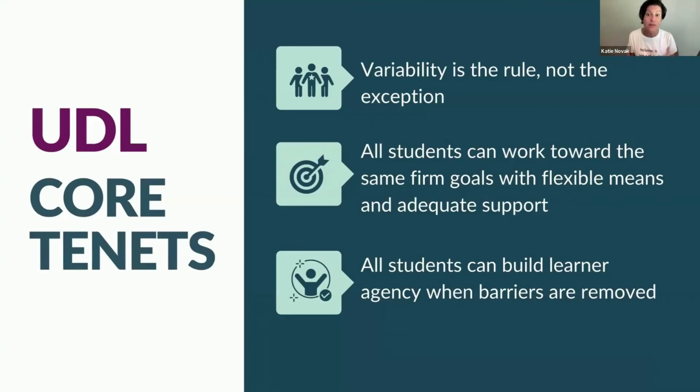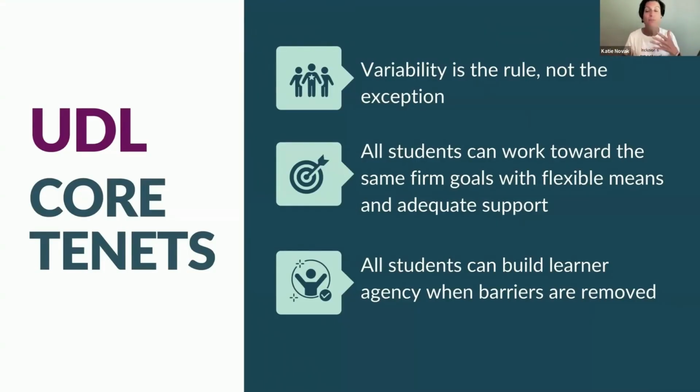The first is human variability: we are different from each other and we're always changing. As a result, we will never really know what someone needs if they do not help us figure that out. We're not doing things to students, we're doing things with students.